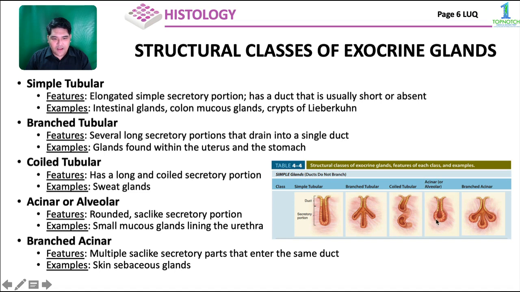So ito, round sac-like secretory portion, usually example niyan, small mucus gland lining the urethra, and then your branched acinar, multiple sac-like secretory parts, and then it will go into your duct. This is an example of your skin sebaceous glands. Okay, so try to remember lang yung mga sample.